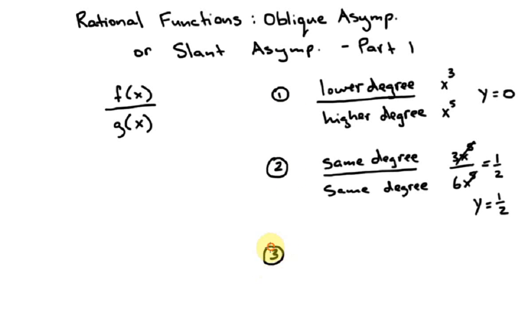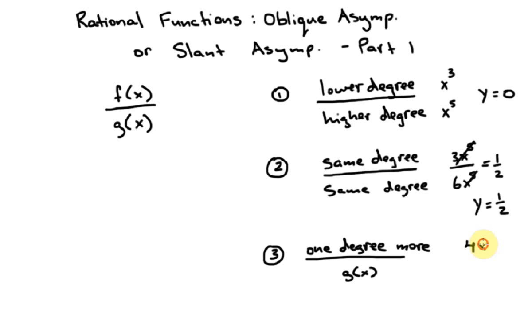Now, there's one type of situation that I haven't looked at yet, and that is, what if the top is 1 degree higher than you have on the bottom? Let's say the bottom is g of x. An example might look something like this.